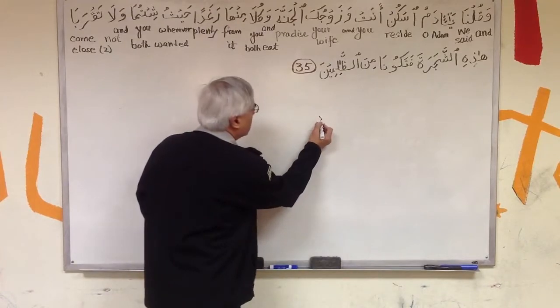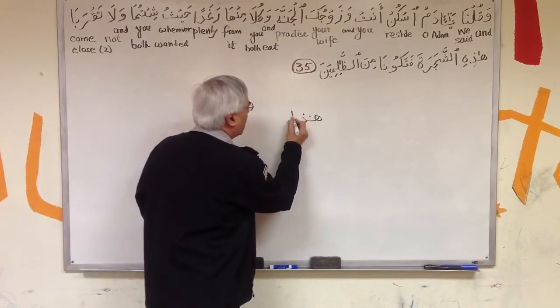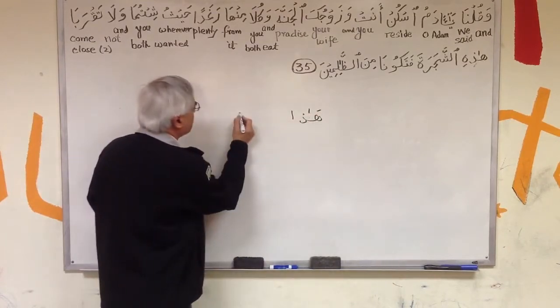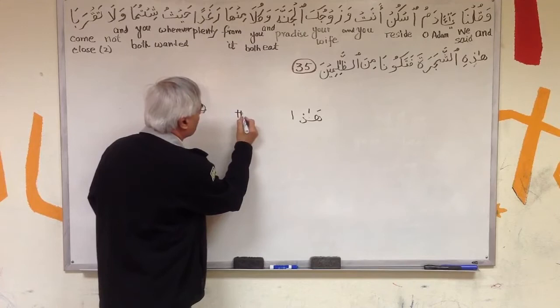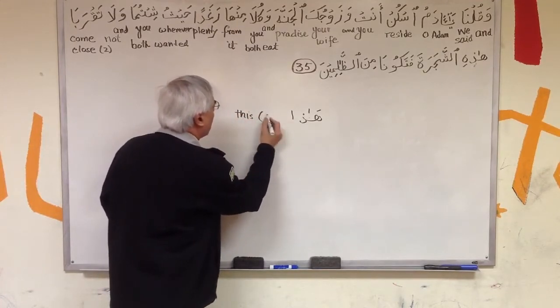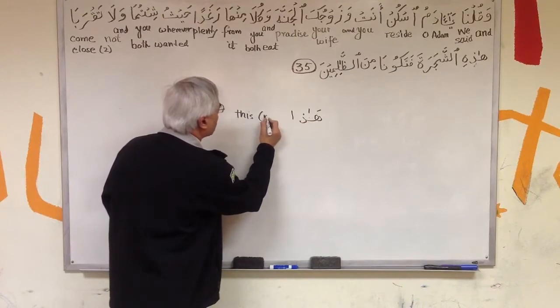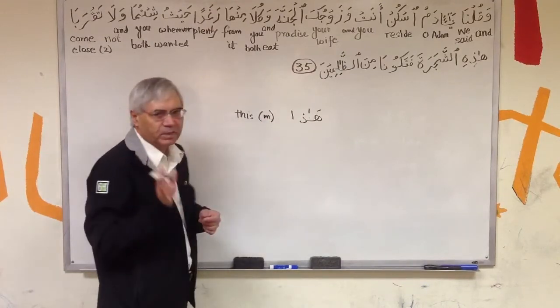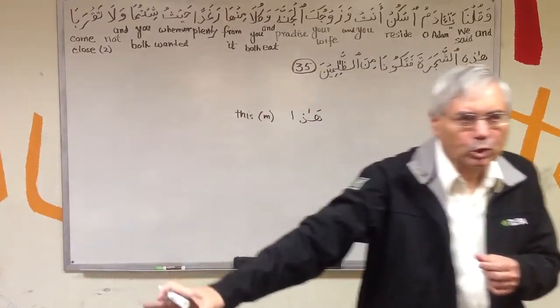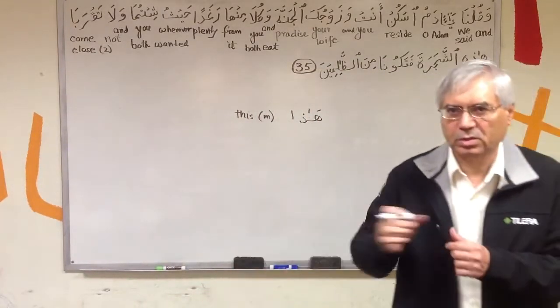Then the next word is Hada. Hada means this, and this is used if the subject or the thing is masculine in nature. Hada means this, something which you can point your finger at and say this.